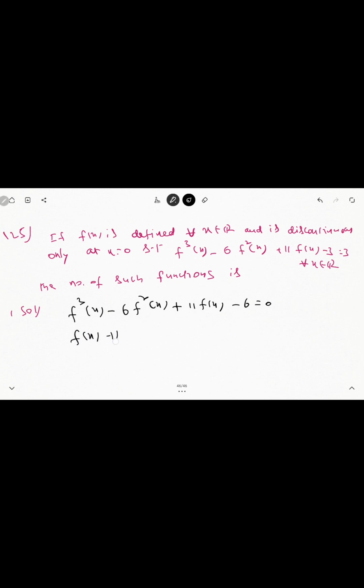Okay, so f of x minus 1 into f of x minus 2 into f of x minus 3 is equal to 0. Therefore, f of x is equal to 1 or 2 or 3. 3 roots.